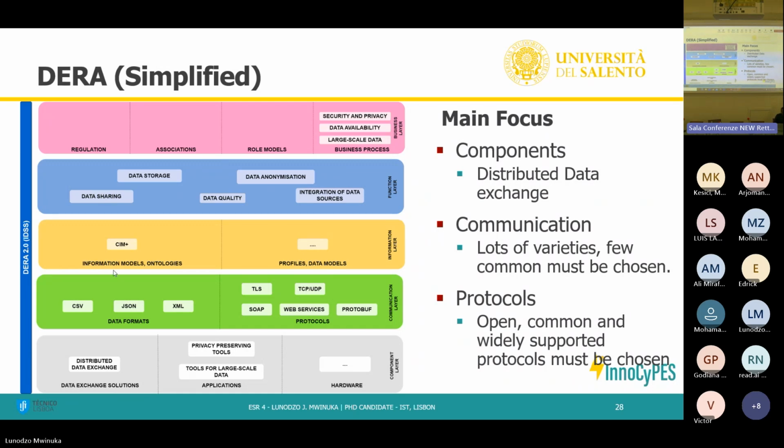And in the data formatting protocols, you can choose any of them. One of the important aspects in the use of protocols and data formats is that you need to choose data formats or protocols that are widely used and widely acceptable, but most importantly, they have to be open source. We should not be going for data formats or protocols that need some subscription or something like that.